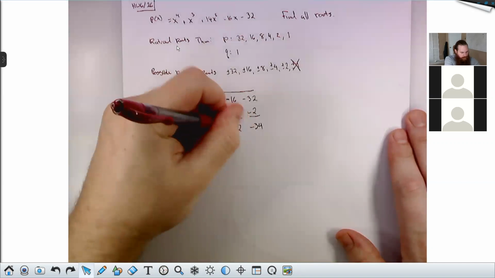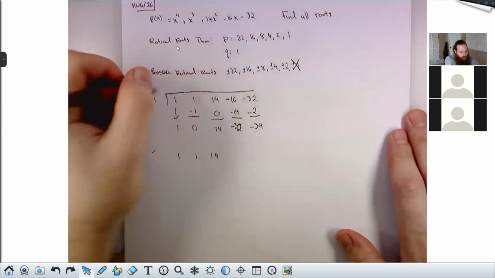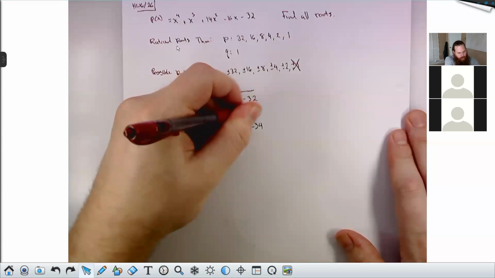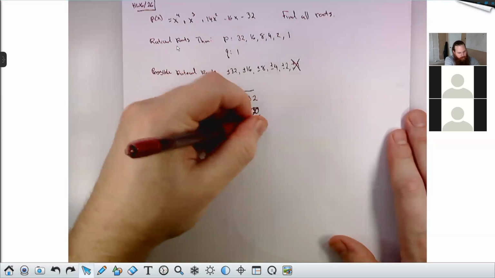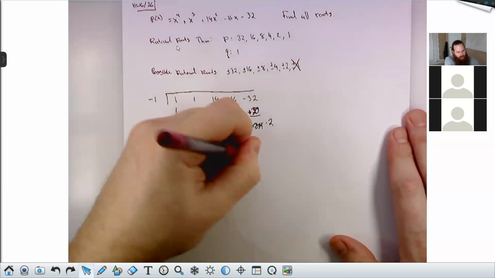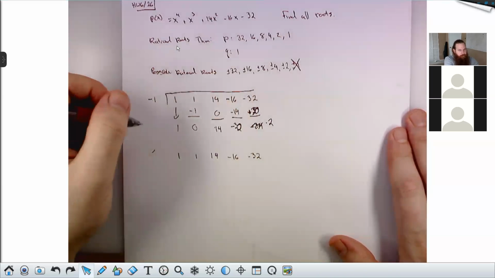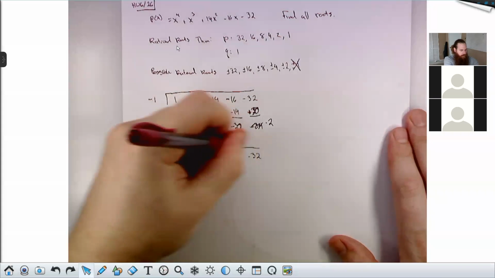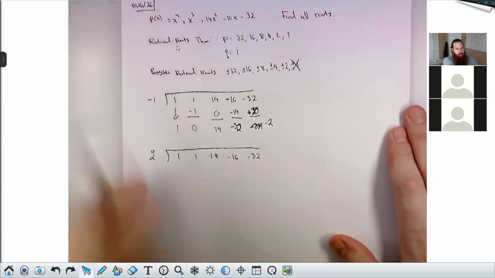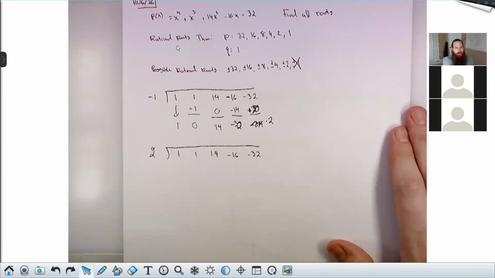So this should be, sorry, -30 times -1 is +30. But this would still just be -2, which is not 0. Okay, so -16, -32. The one we're checking this time is 2. 1, 1, 14, -16, -32.